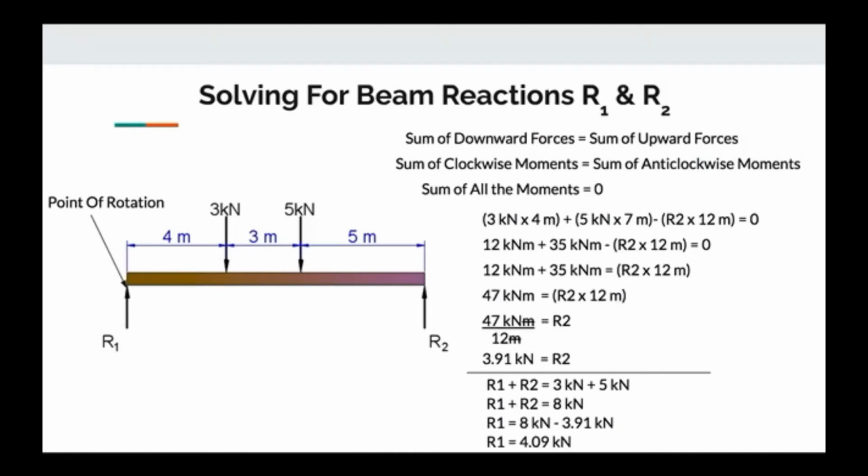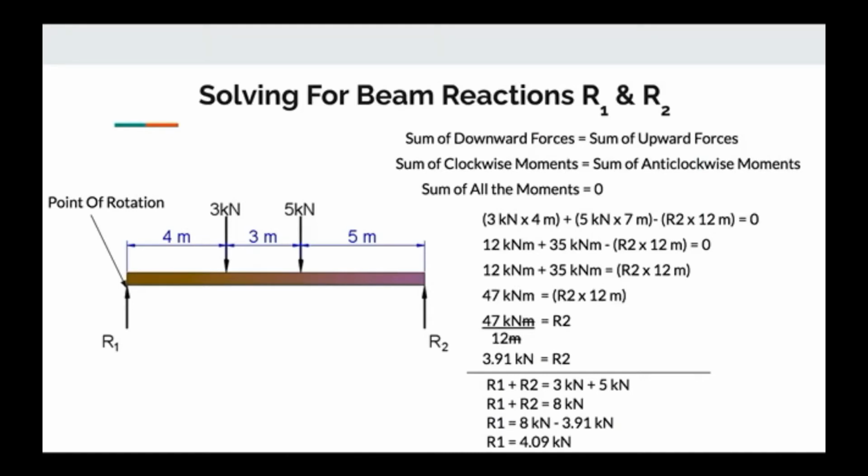Right? Let me show you something very interesting. This can be very simple, and this applies for every simply supported beam, regardless of the number of forces that are applied. All you have to do is find the sum of all the upward moments.